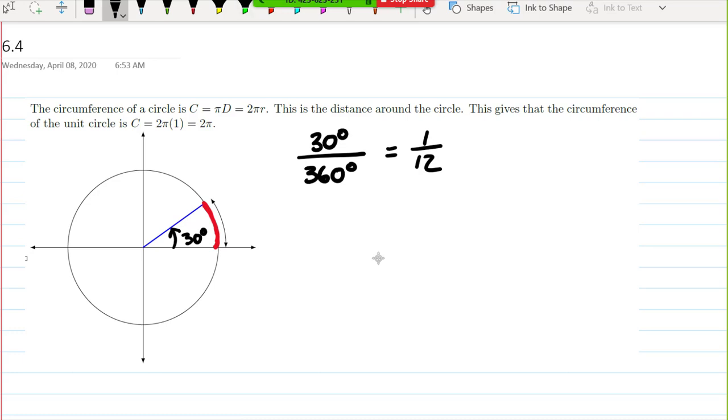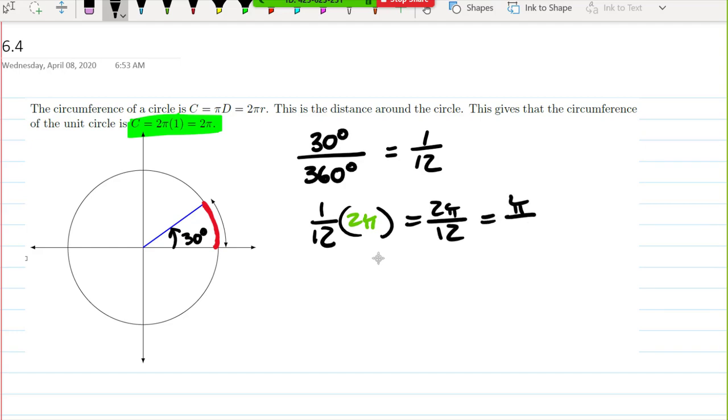And we took note that right here, well, what is the distance all the way around the circle? Well, the distance all the way around the circle is 2 pi. So then 1/12 of 2 pi is 2 pi over 12, which reduces to pi over 6.